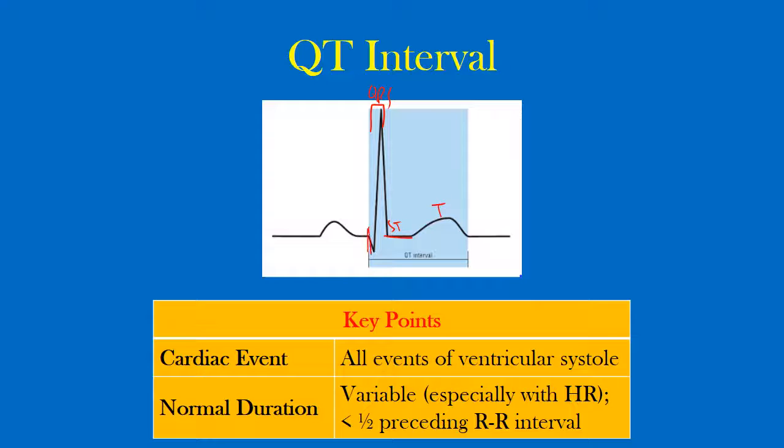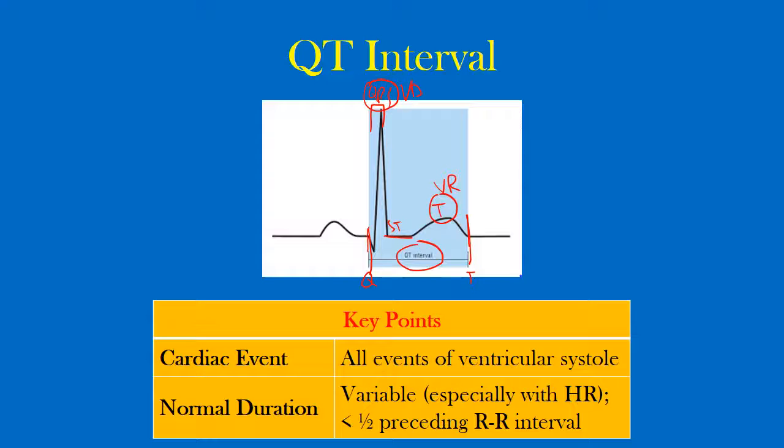So from the beginning of the Q wave to the end of the T wave makes up our QT interval. It represents all of the events of ventricular systole, from the beginning of ventricular depolarization to the end of ventricular repolarization. So the beginning of ventricular depolarization, our QRS complex, to the end of ventricular repolarization, the end of our T wave.